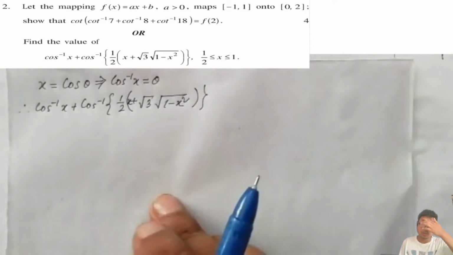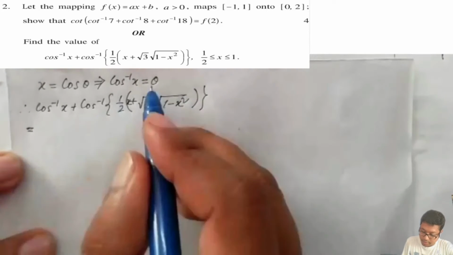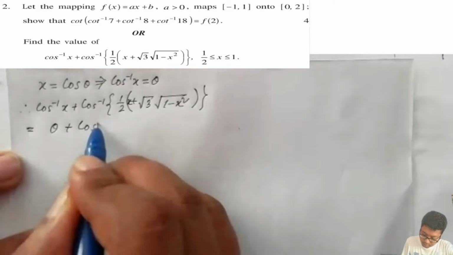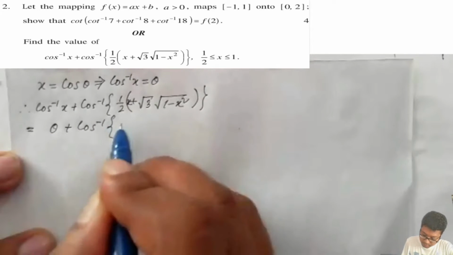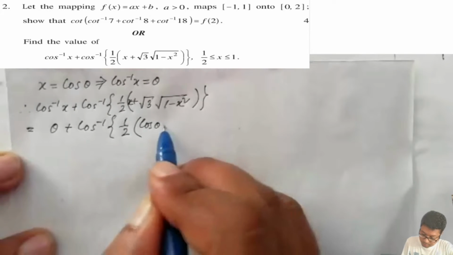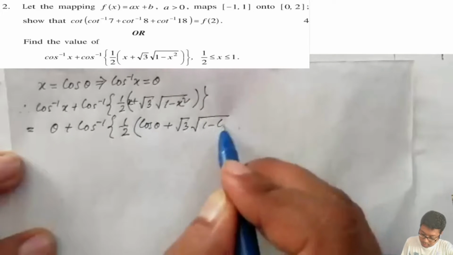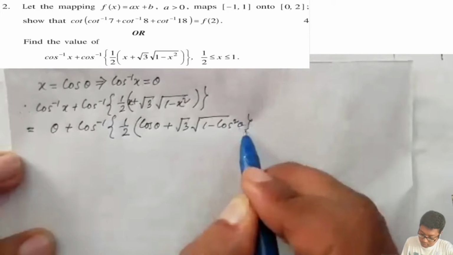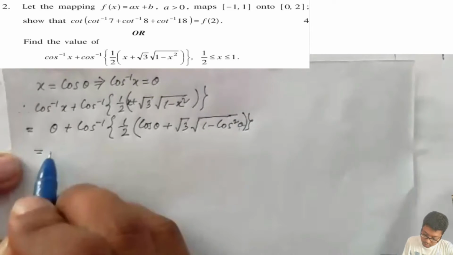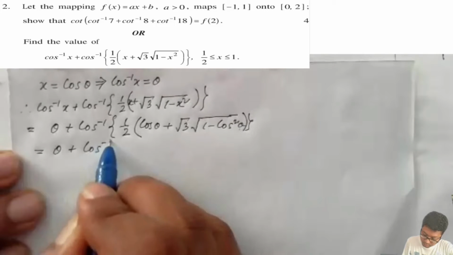So this is equal to cos inverse of x, I can write theta, plus cos inverse of half x, x is cos theta, root 3 root over 1 minus cos square theta.